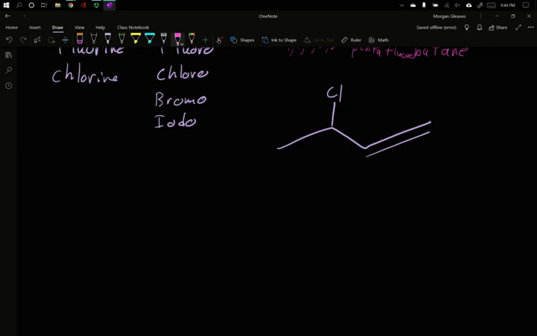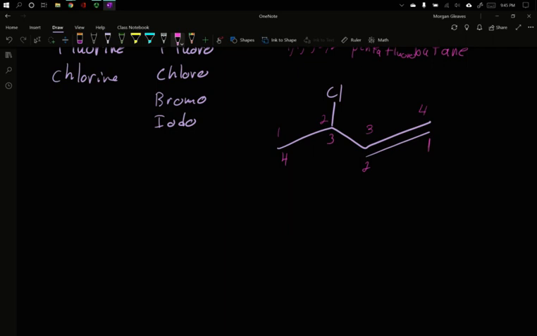Chlorines, fluorines, bromines, all the halides act more like subgroups. So your goal in this case is to have your double bond be the lowest number possible. And so the double bond wins. It is 1, 2, 3, 4. Otherwise, we could have gotten chloro at carbon 2 if we'd numbered 1, 2, 3, 4.